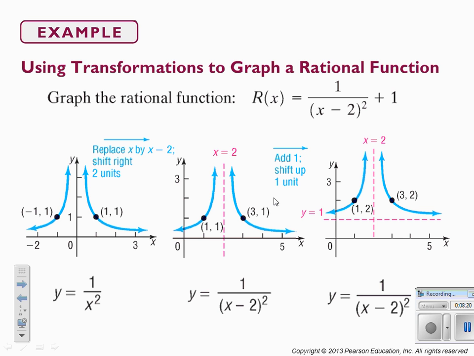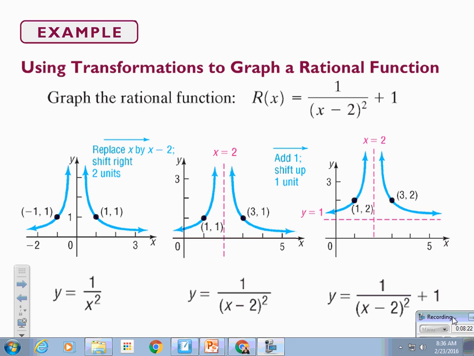So when you're shifting rational functions, you only have to draw this one. The asymptotes, and our domain and range restrictions, follow the shifting.